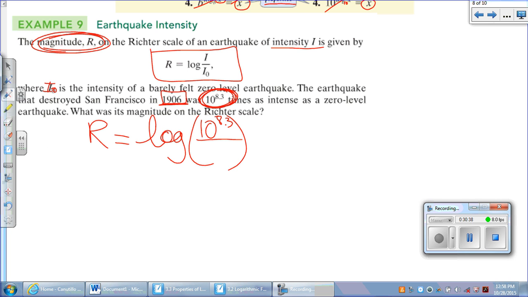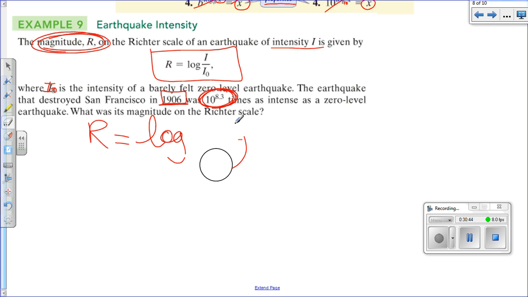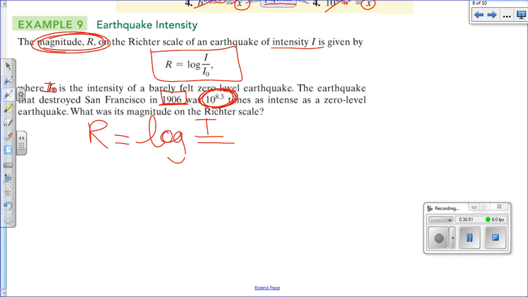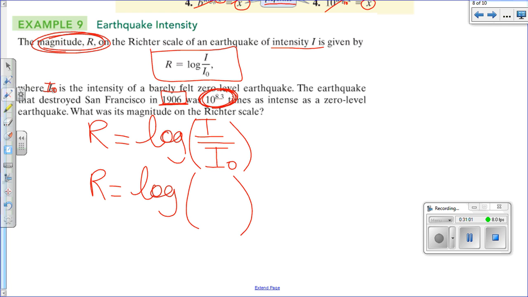Continuing to solve this problem, I realized that I was not sure how to solve it. So I'm going to go back a little bit, and what I need to do is use a formula that has intensity divided by the initial intensity. And so the only thing that we know here is that the intensity of the earthquake was equal to 10 to the power 8.3. If we follow the formula, that will be the initial intensity.